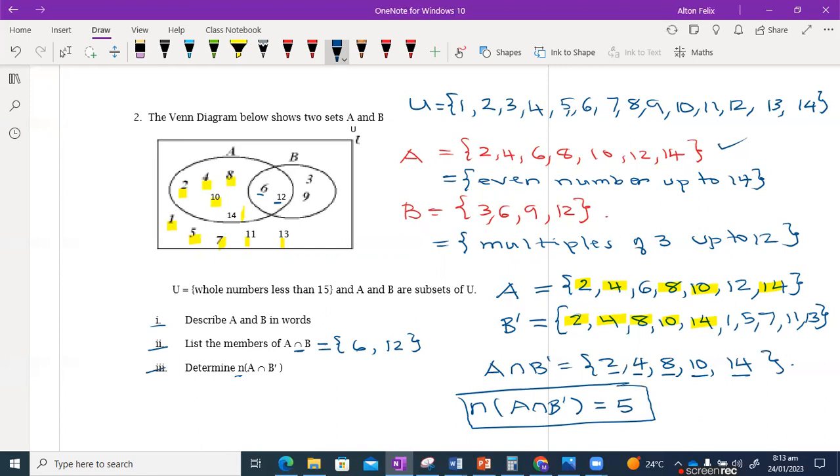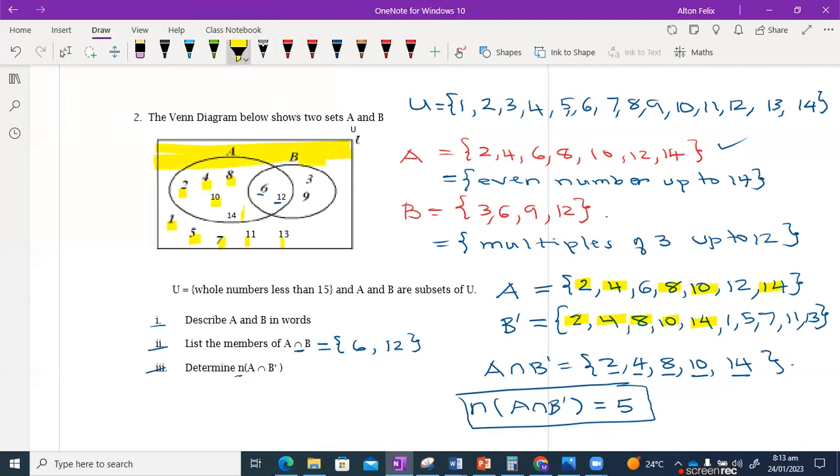So that's one method. Now, if you wish, we can also use the diagram to figure it out. So let's go. The set A intersecting B complement. So let's first shade what is B complement. B complement would be everything outside of the set B, right?